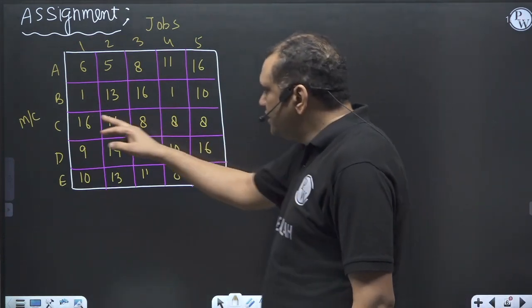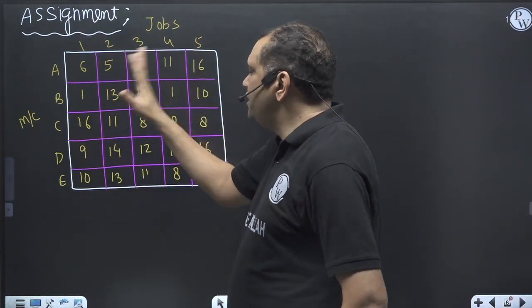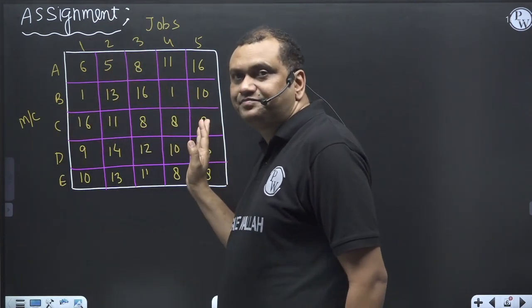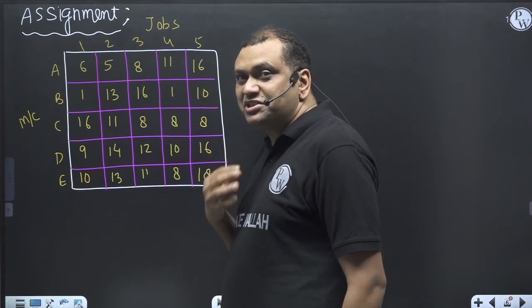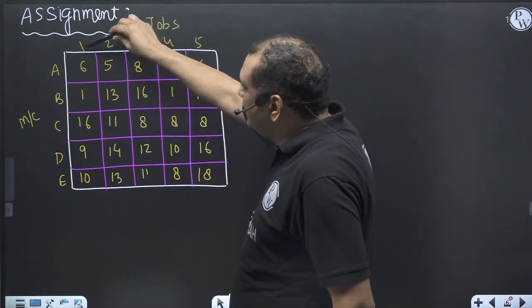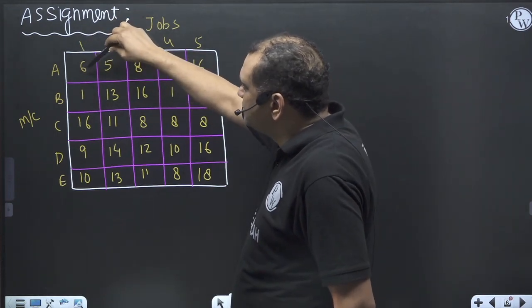So each machine can process any of the jobs. But some machines will be specialized machines. Job 1 can be processed on machine A, but it takes 6 minutes.